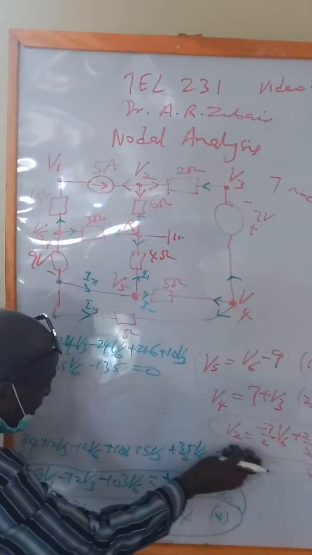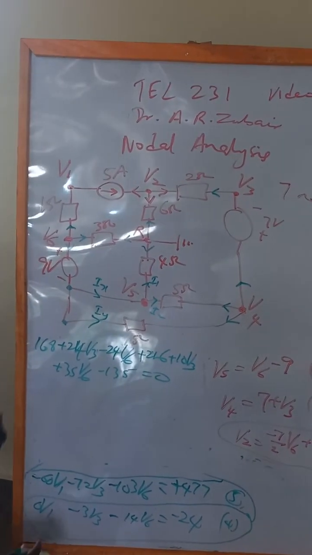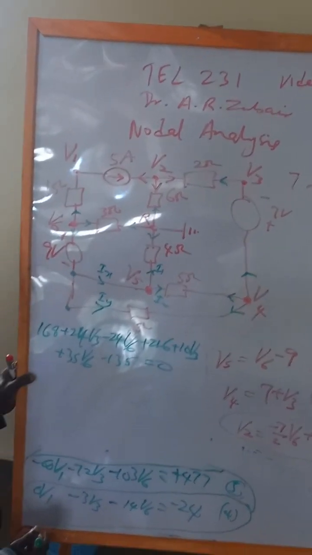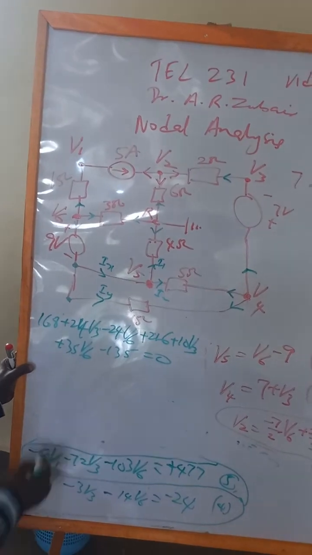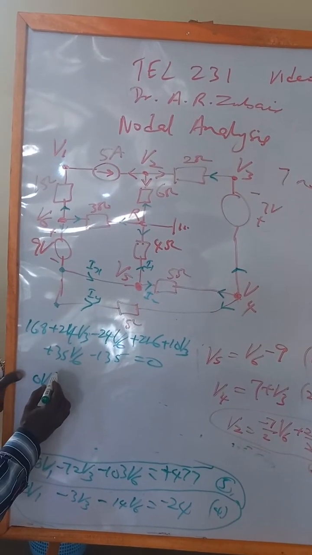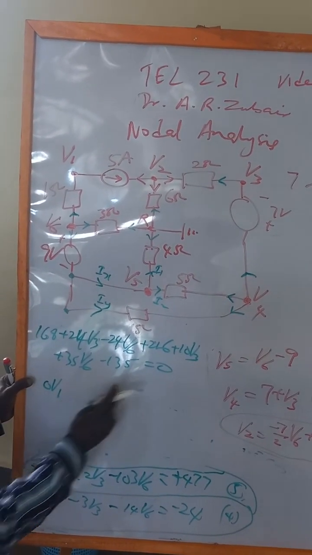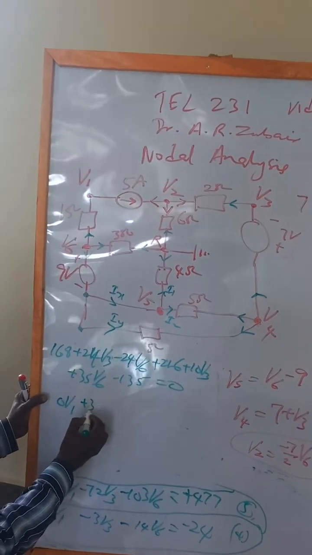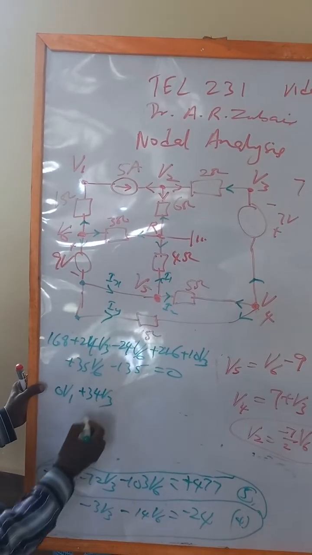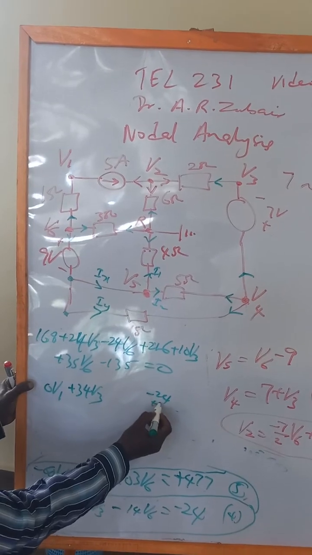Let me remove this. Now arrange. Do I have V1 there? No V1. I can say 0 V1. Do I have V3 there? 24 plus 10, 34 V3. Do I have V6 there? Minus 24 plus 35.